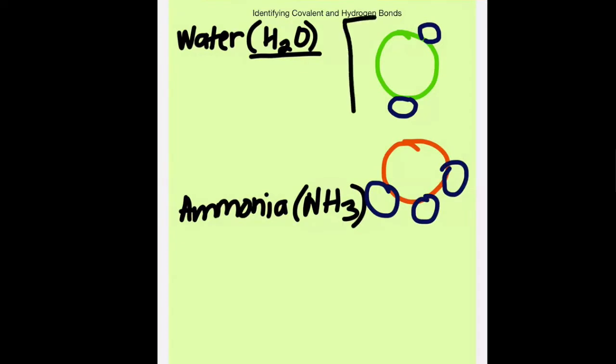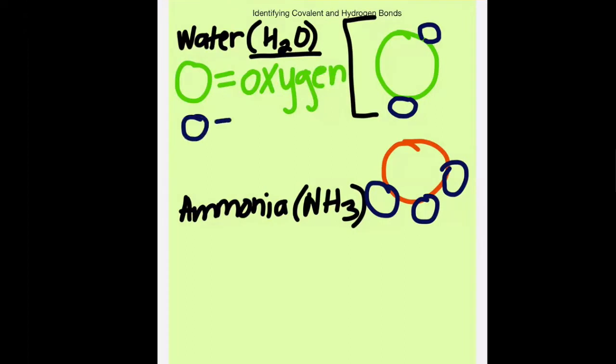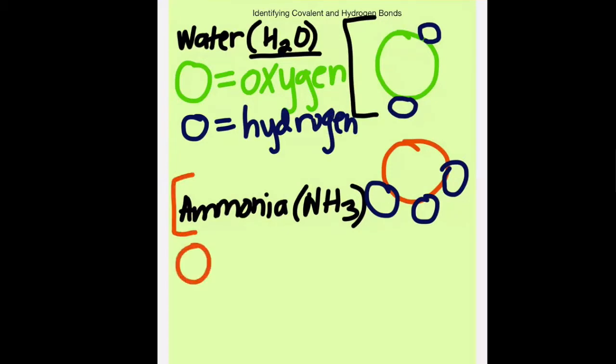I have drawn H2O. So the green equals the oxygen atom, and the blue equals the hydrogen atom. Over here, the orange equals the nitrogen atom, and the blue, like in water, equals the hydrogen atom.